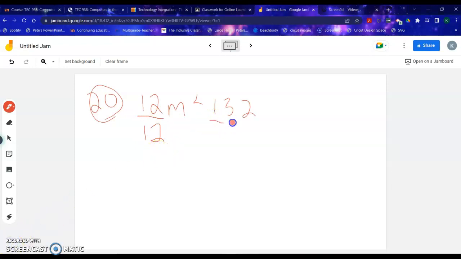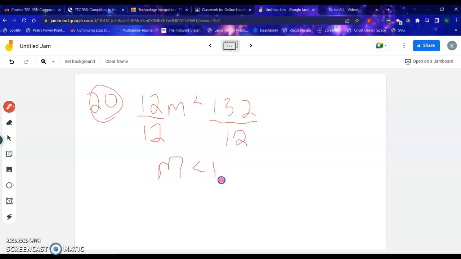Then we're going to come over here and do 132 divided by 12. And that answer, I'll do on my phone here, is 11. So m is less than 11.